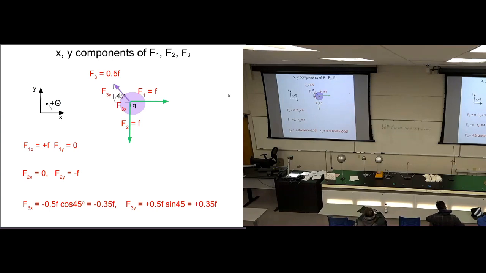So F3x is here, F3y is here. F3x is just F3, its size, times cosine of 45 degrees, and F3 times sine 45 degrees for the vertical component.